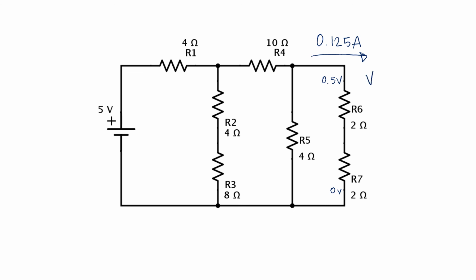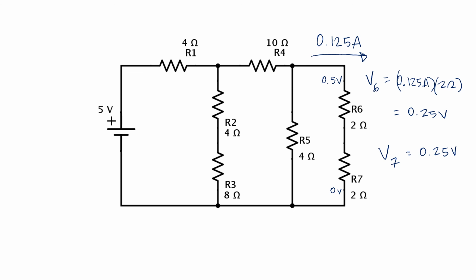So the potential drop across 6 is going to be the current through 6, 0.125 amps times 2 ohms, and I get 0.25 volts. That means I must have 0.25 volts dropped across resistor 7, and since those are identical, that's not surprising, the math will be identical.